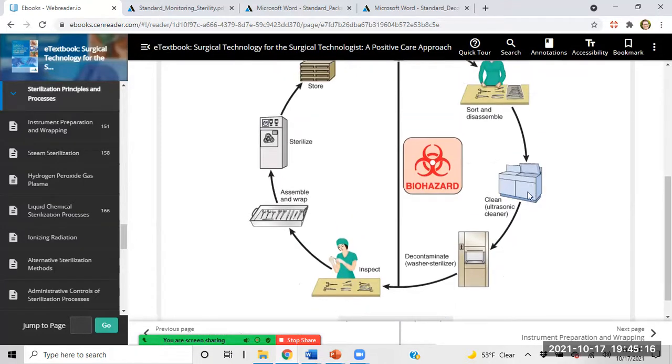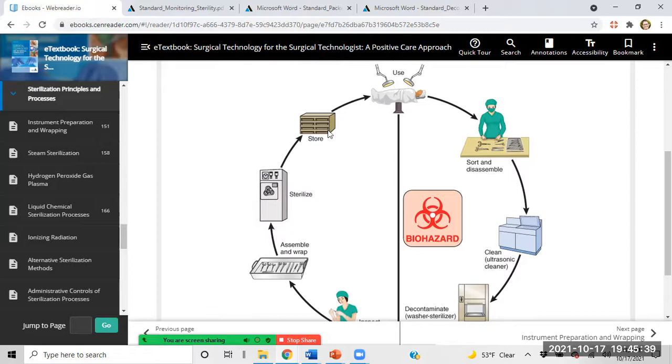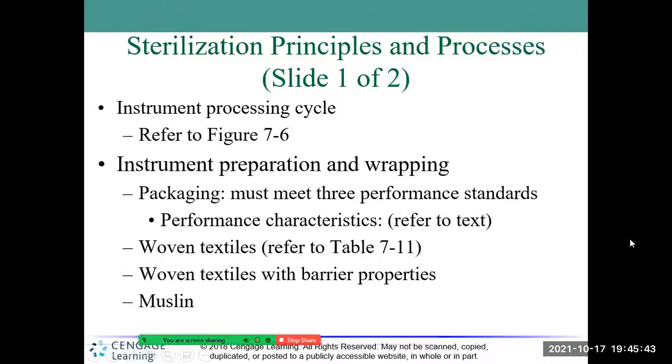Sometimes that takes some manual work as well before they go in there. Then they're put through a decontaminant washer sterilizer, and then they're inspected by the central sterile processing team to make sure that there's no remaining debris on the equipment. And then they're assembled and wrapped, and then they're sterilized. So they're already wrapped before they're sterilized, and then they're stored for the next case.